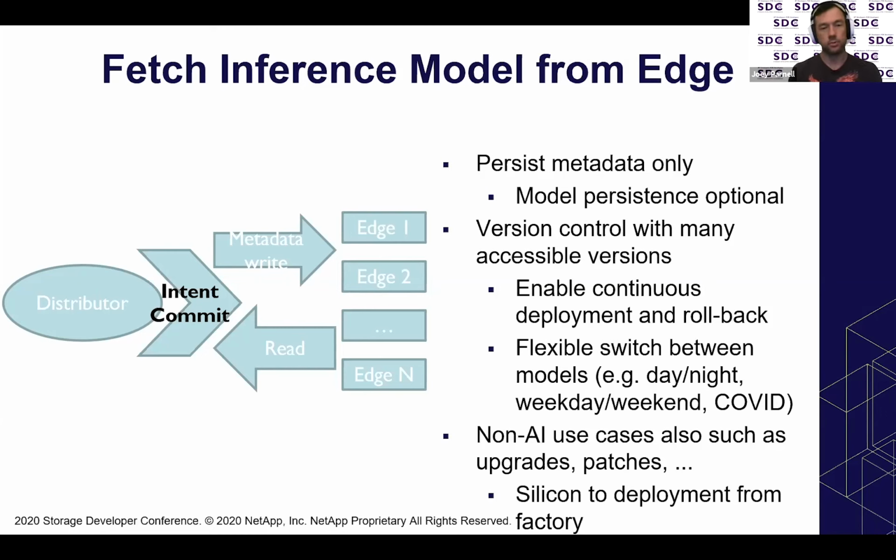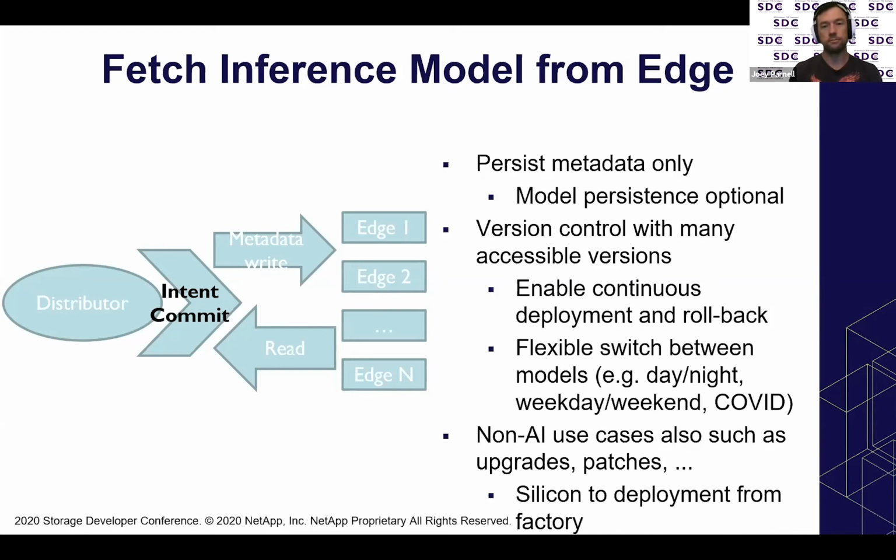And it doesn't need to persist them unless you want to for your use case. So what this allows is continuous deployment and rollback of inference models. But more importantly, what it allows is a flexibility to switch between different models depending on your circumstances.